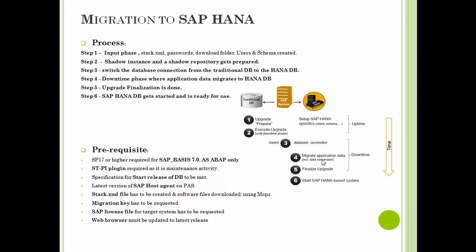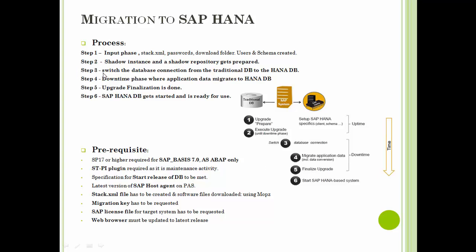So the actual tables which hold the data, that is the application tables, will be migrated to HANA DB during the downtime phase. So as I said, step 3 and step 4 are regarded as the downtime phase, during which we cannot use the source database.